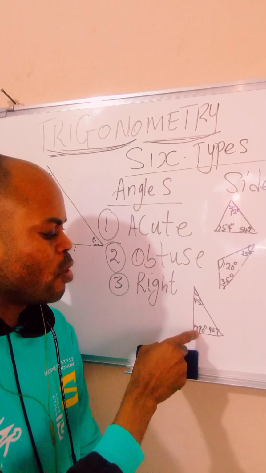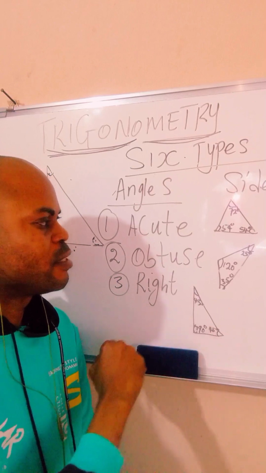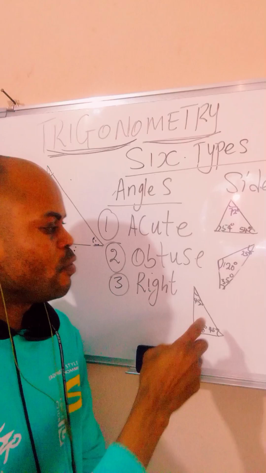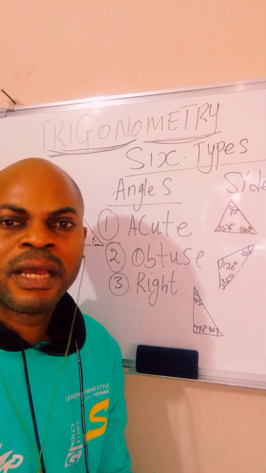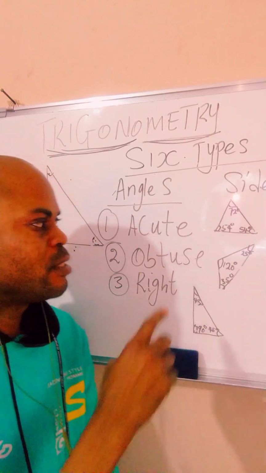But in general, if you add all of them together, you're going to be having 180 degrees for each of these triangles.